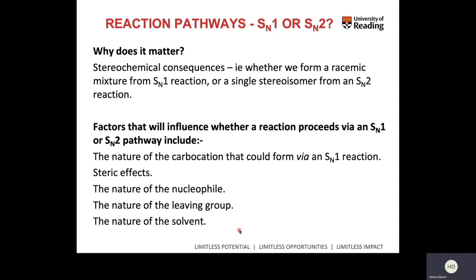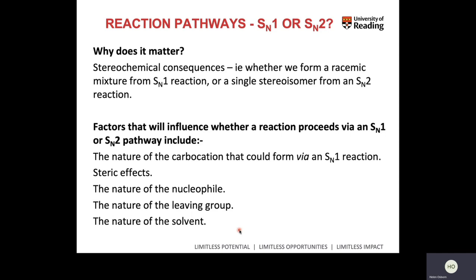So this is important because, as I've said before, if you had a particular drug as a particular isomer and you needed that particular isomer for the correct therapeutic endpoint, then you'd want to be using a reaction that only gives you that isomer, and we could use the SN2 reaction.